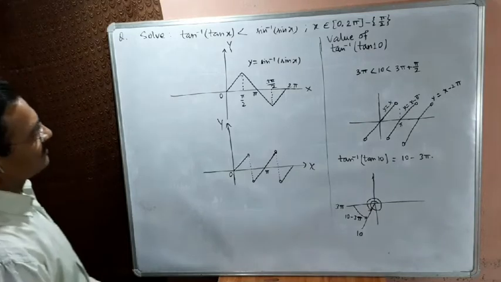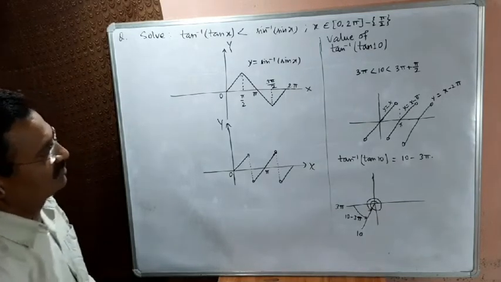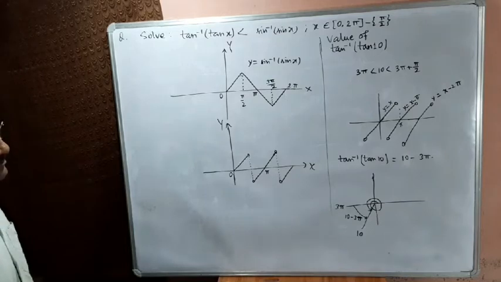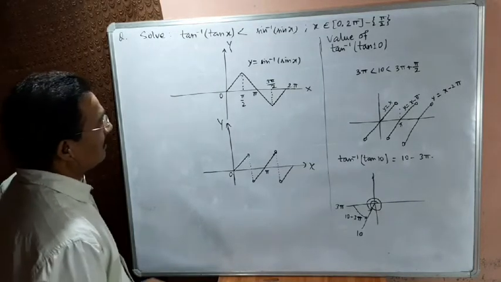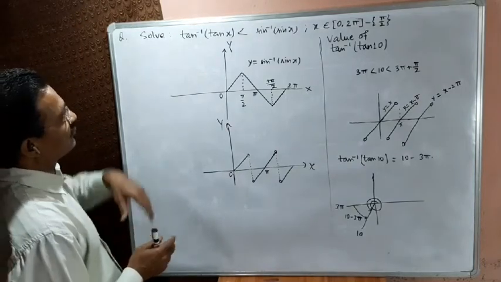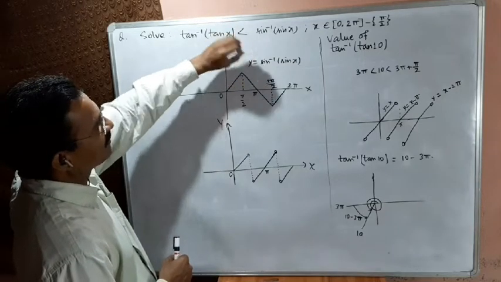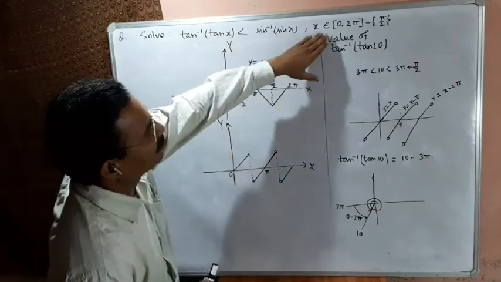For the first function, if we think without using the graph, this will be cumbersome and complicated. Therefore, we have used its graph. Actually, we have to solve this inequality in the interval 0 to 2 pi.